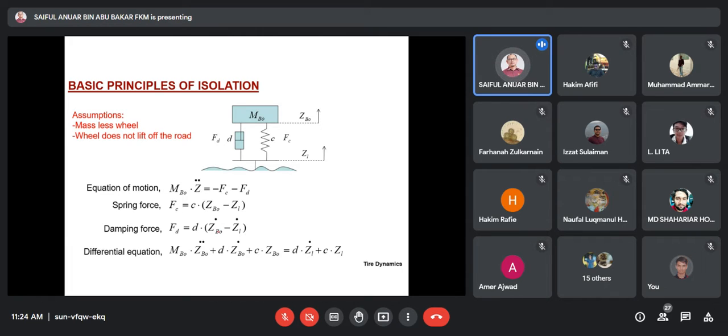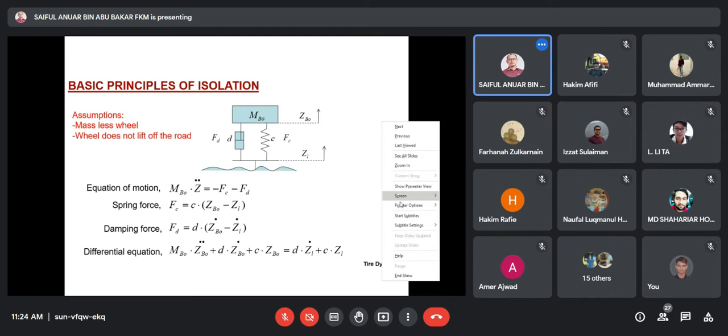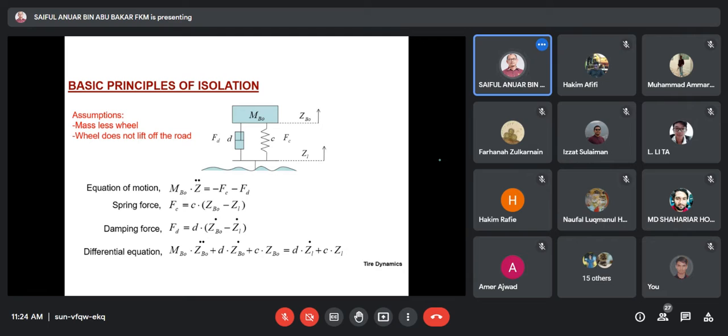So we have ride modeling. So let me put it over here. We have ride. You need to know we have three ride models. First, the quarter car model.